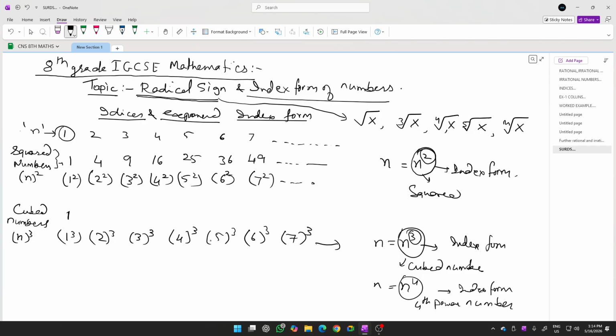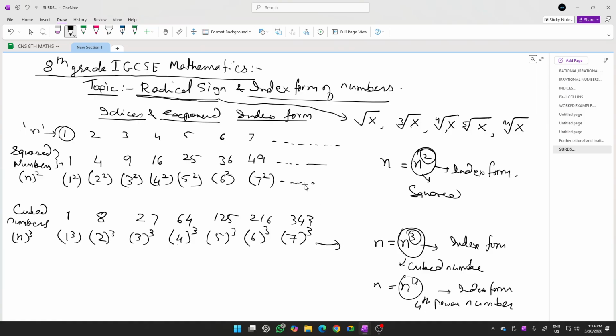So 1 cubed is 1, 2 cubed will be 2 into 2 into 2, that will be 8, 3 cubed will be 3 into 3 into 3, that will be 27, 4 cubed will be 4 into 4 into 4, that will be 64, 5 cubed will be 5 into 5 into 5, that is 125, 6 cubed will be 216, and 7 cubed is 7 into 7 into 7, that should be 343.